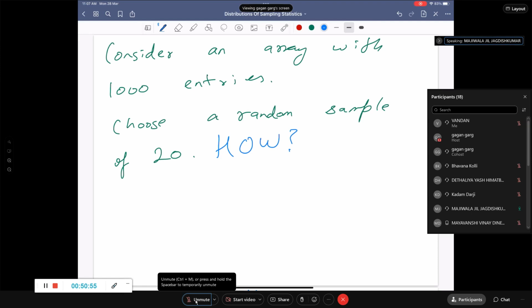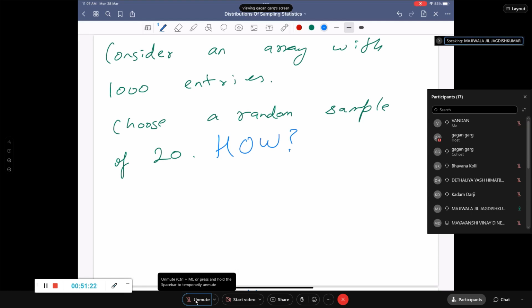So you're saying you make a new array of size 20 and you copy-paste the first 20 entries from the 1000 array to this new array. Yes, and from 21 to 1000 entries, we will generate a random number from our current item in the array of 20.